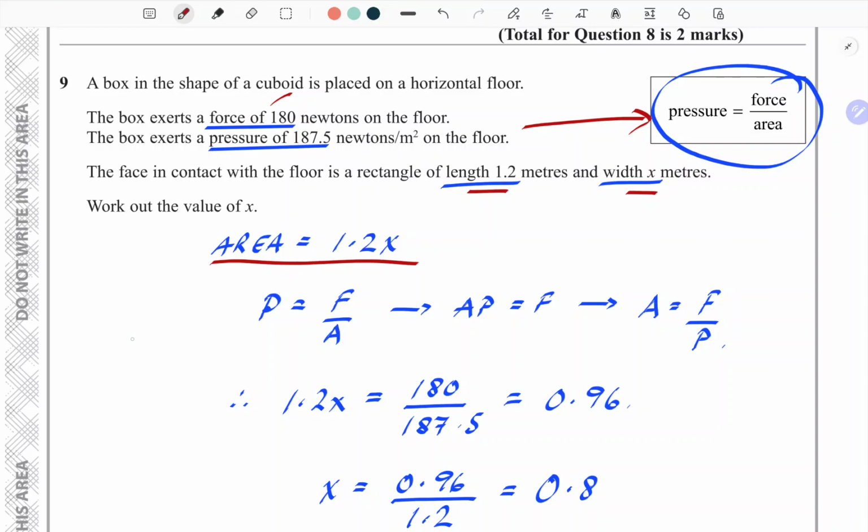Starting with the formula they've given us, pressure equals force over area, rearrange that, multiply both sides by A, so you get AP equals F, in other words, area times pressure equals force, and then divide both sides by P, move it across the other side, and we get the formula that we're going to use, which is area equals force over pressure.